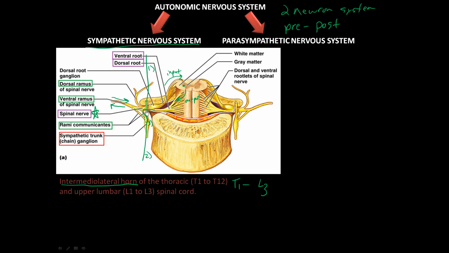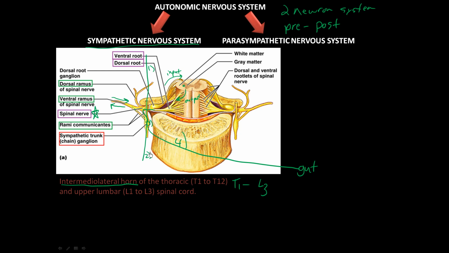It can go up the sympathetic trunk to the head or the chest, or it can go down towards the gut and the rectum along the vertebral column. Or it can synapse right here in the ganglion and then come back. And there's a fourth option I didn't talk about, which is that it can come out and go to the gut, for example. So there are four options.